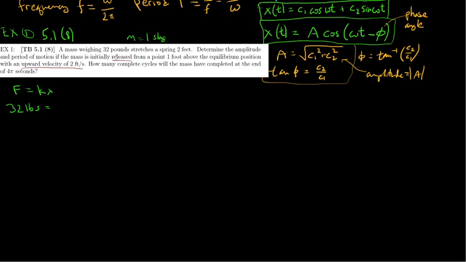You just again multiply by 32 to get the weight. And so this is going to equal K times 2 feet, which means K is just going to be 32 divided by 2 pounds per foot, or 16 pounds per foot. Okay, so that's K.